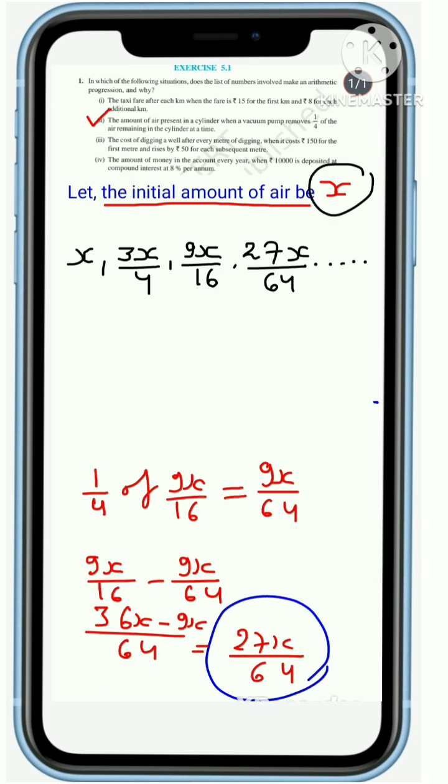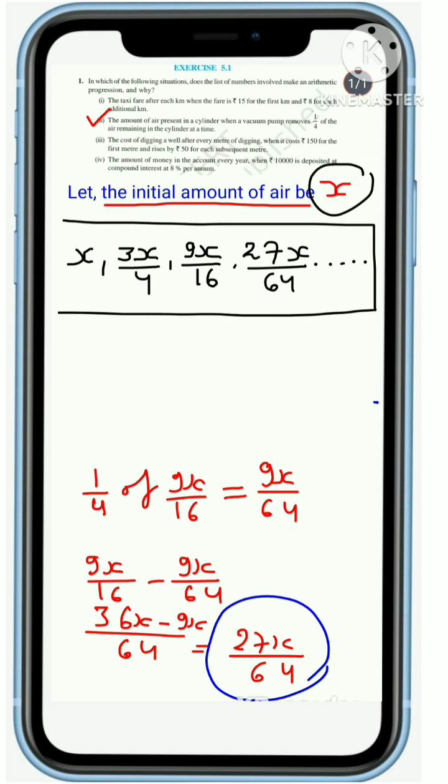Students, in this way we have obtained a sequence of numbers over here, and here this is first term denoted by A, and this is second term denoted by A2, and this is A3, and this is A4. Now we have to check if this is an AP or not.